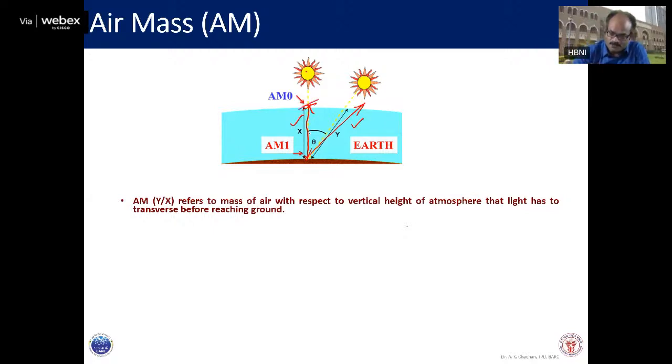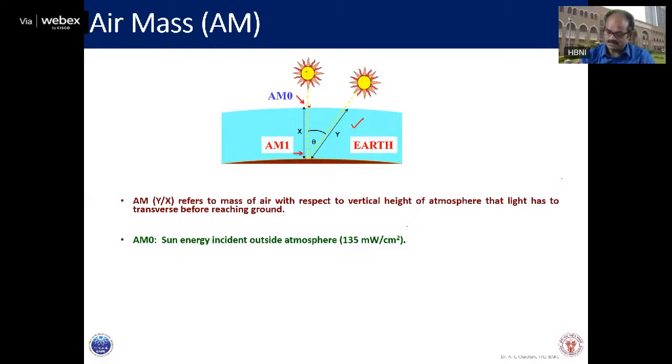AM1 means it has crossed exactly 1 atmosphere. So we can define it as AM y by x. It refers to the mass of air with respect to the vertical height of atmosphere that light has to traverse before reaching the ground. So AM0 is sun incident energy at the outside of the atmosphere.